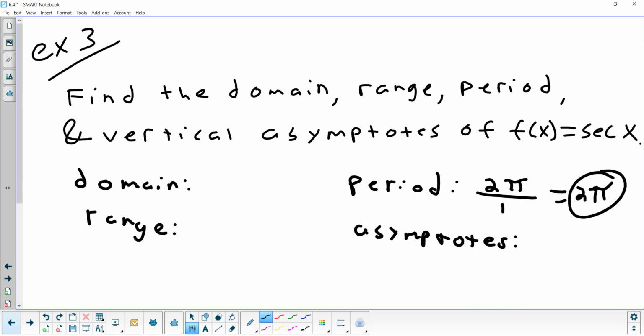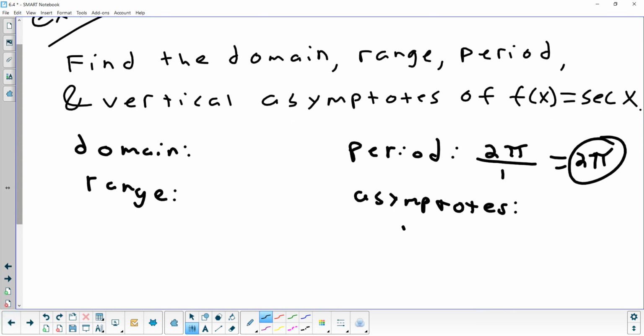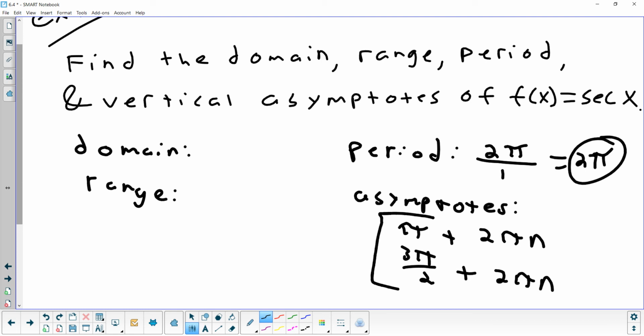That's what I'm visualizing in my head. Yep, pi over 2 and 3 pi over 2. And then we have to put plus the period times n, and that describes it repeating every cycle. So these are the asymptotes.